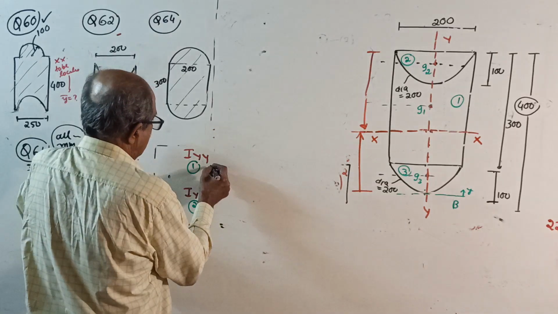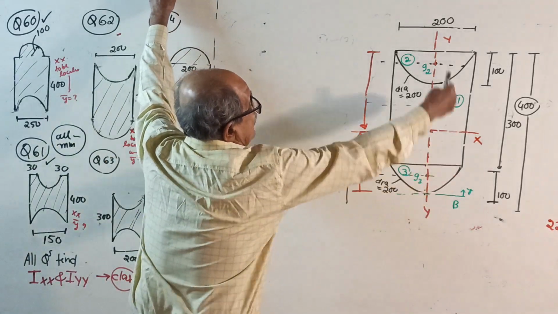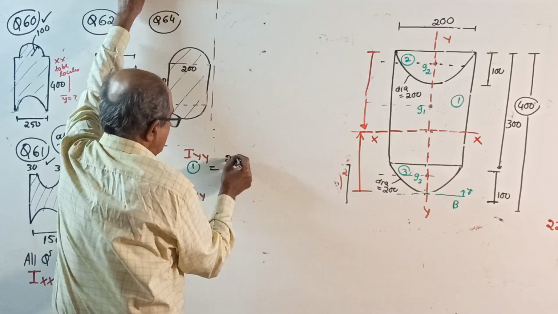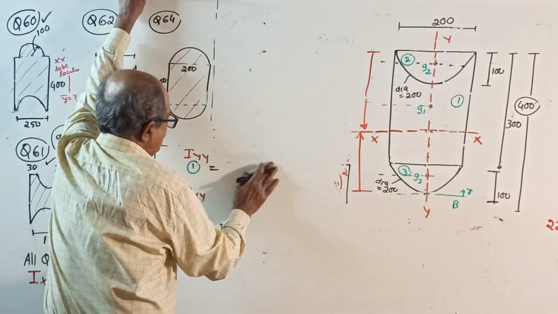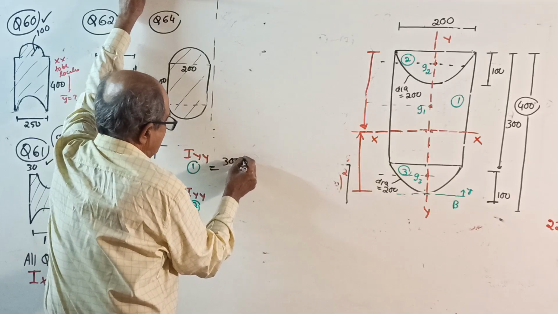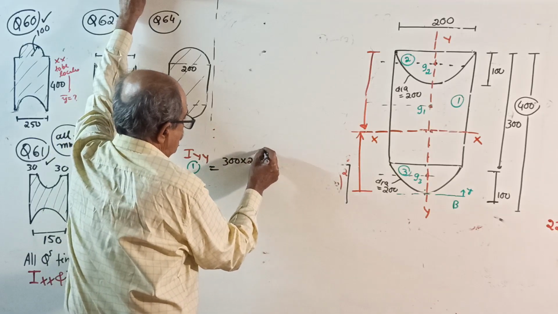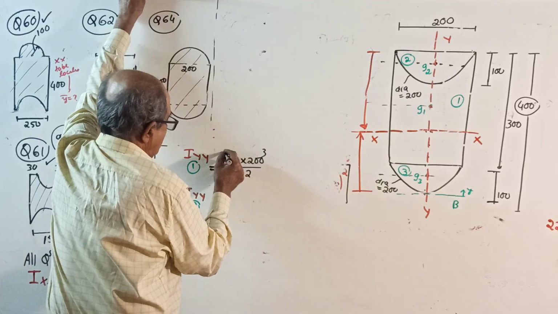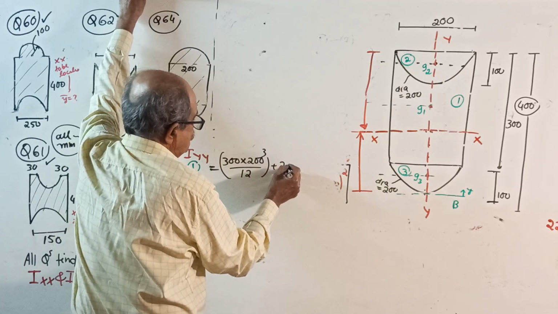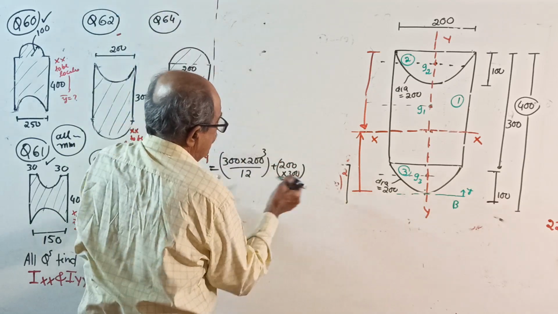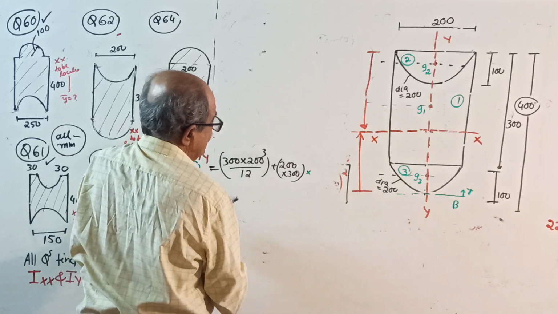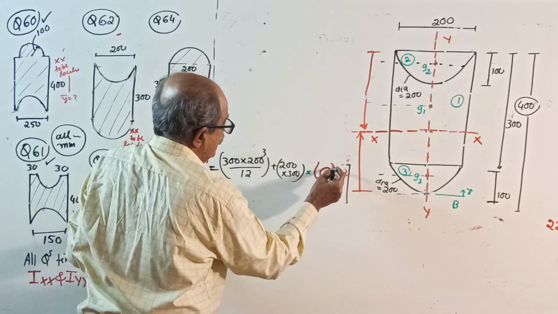For 1, 300 into 200 cube by 12, I told correctly, 300 into 200 cube divided by 12 is Ig, plus 200 into 300 is the area, into 0 square. I have told this repeatedly thousands of times.